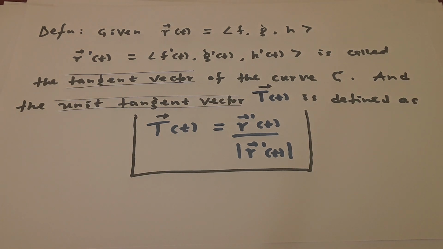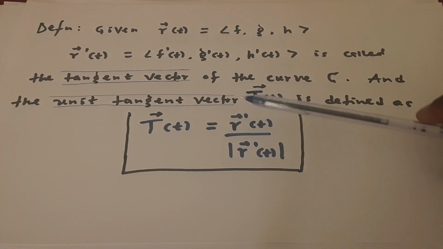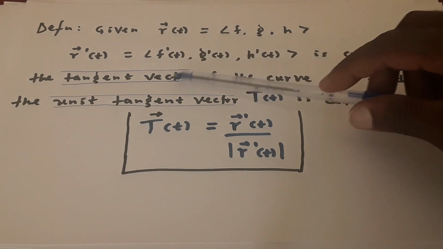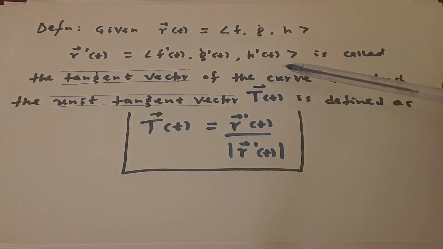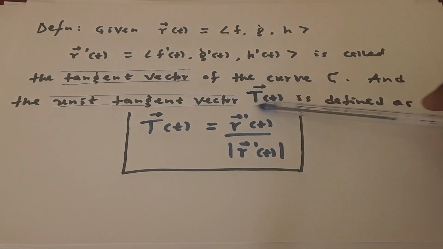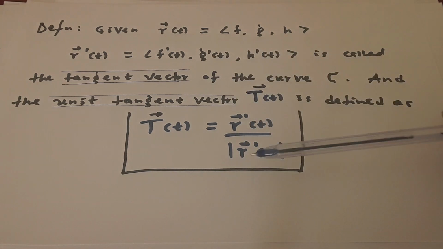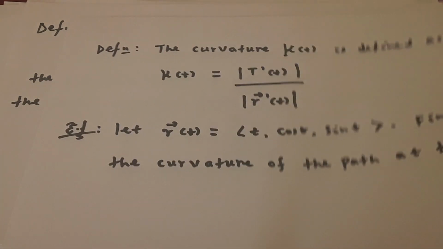Before we look at the curvature, I think it's better to discuss the tangent vector. Given r prime of t, f prime of t, g prime of t, h prime of t, the derivative component wise is called the tangent vector. Again, the unit tangent vector means r prime of t over its magnitude. Okay, that's the unit tangent vector. It is a vector whose magnitude is 1, we mean.